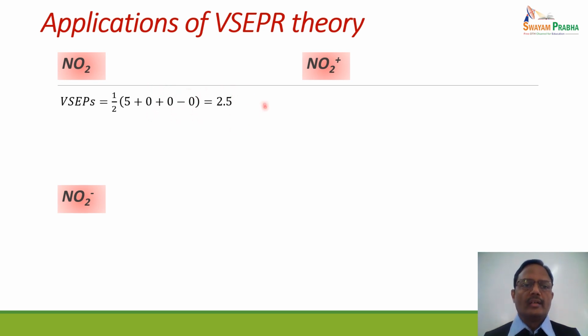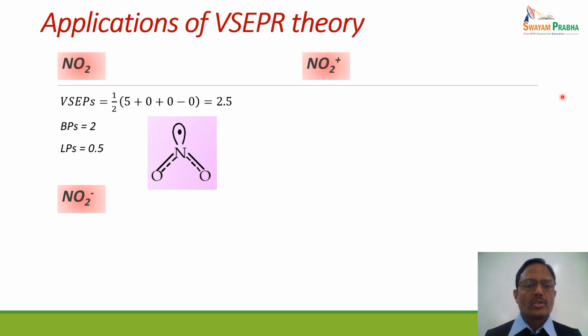So the number of valence shell electron pairs is 2.5, that is, 5 electrons leading to 2.5 pairs. Out of these, 2 are bonded with oxygen, so 2 bond pairs are there, and the lone pair count will be 0.5, that is a single electron. This leads to a V-shaped structure of the molecule with a single electron in one of the orbitals, localized on nitrogen.